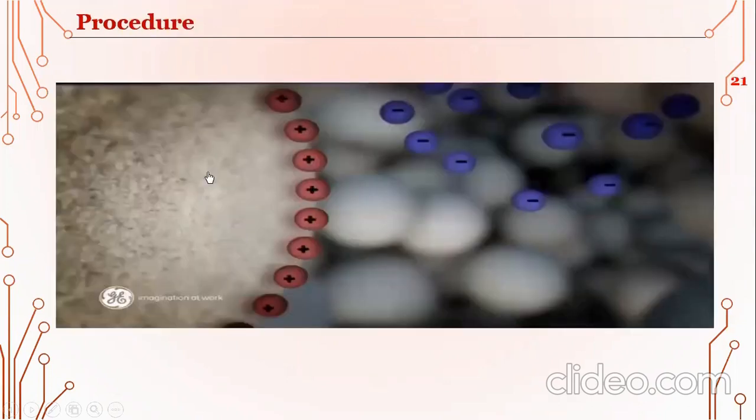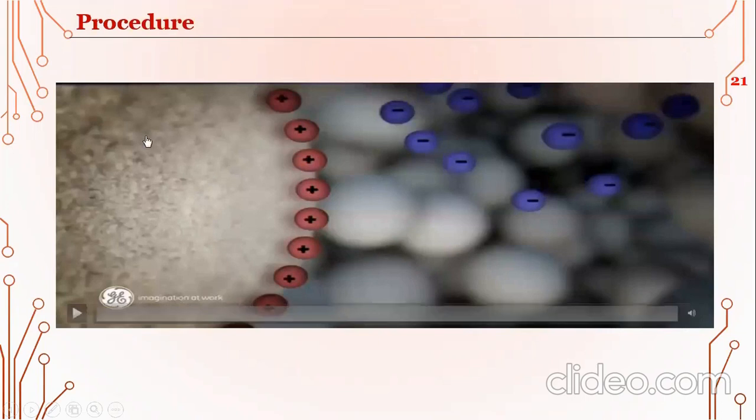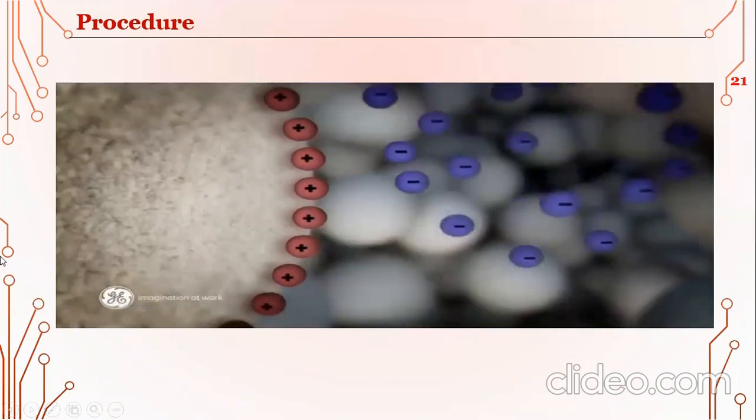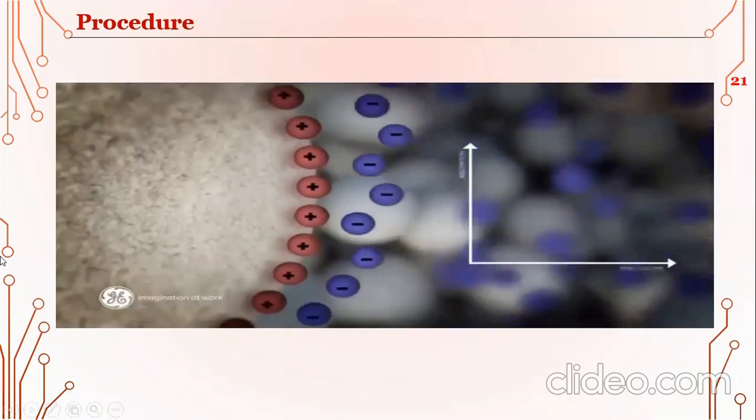And next, if you can see this, this is the resin, and the charges attached to it are like functional groups. These are actually the exchangers. And if you can see this, it will behave like this.